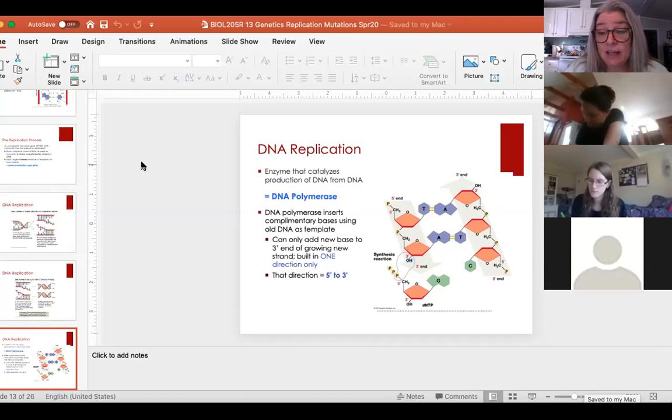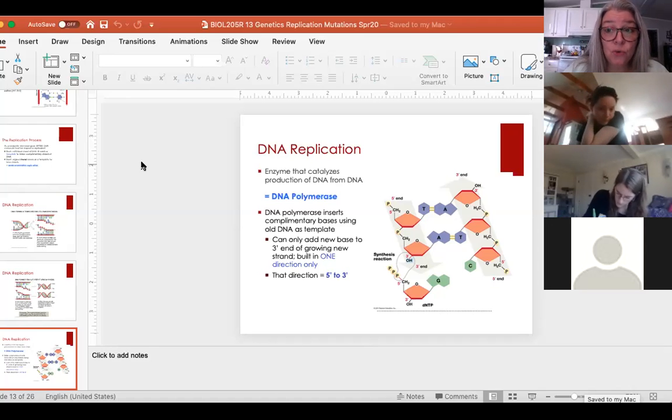We said that enzyme can only work in one direction. It can only build DNA in the 5' to 3' direction. And we said that what that means is it can only add new nucleotides onto the 3' carbon. So it can only make DNA in one direction.